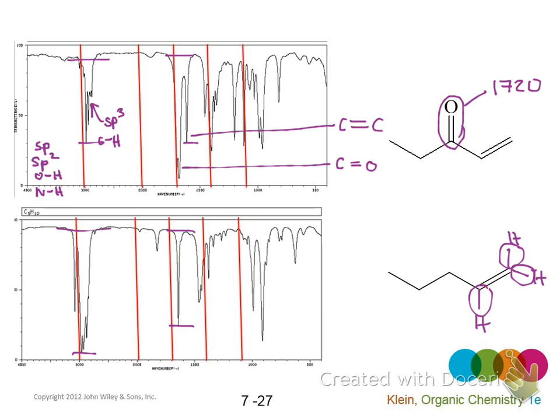If you do the relative heights, relative heights, this one's actually shorter than this by a substantial amount. This one's actually as big as this one is, except for this real sharp peak that's right here. Okay. Why do you think that bond is so polar?